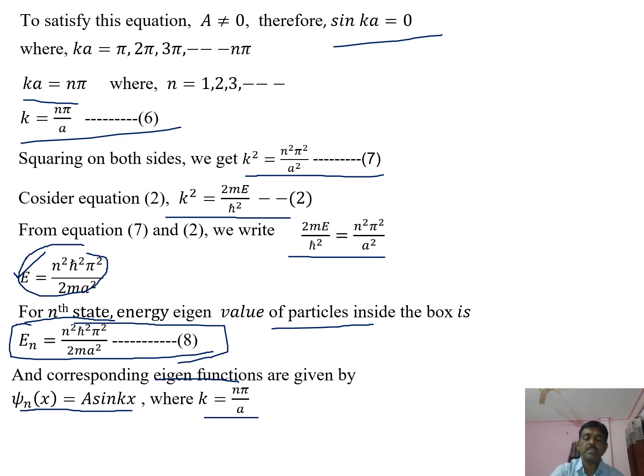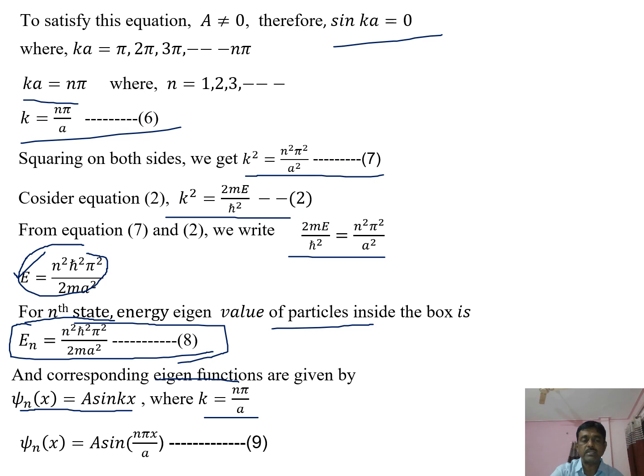Therefore, the wave function psi for the nth state is equal to A sin kx, and k is nothing but n pi divided by a.